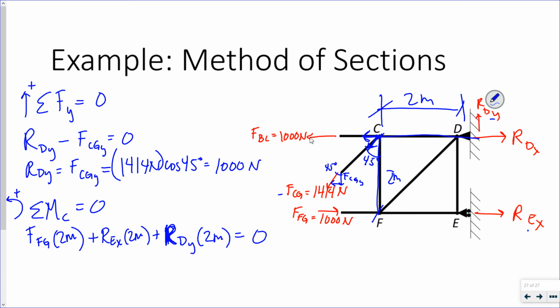If I solve for REx, because I know FFG and I know RDy, REx is negative RDy minus FFG. I can get rid of that 2 meters, right?